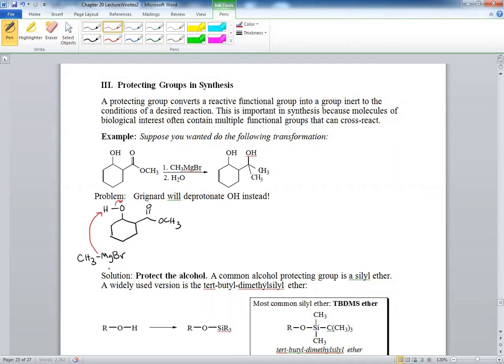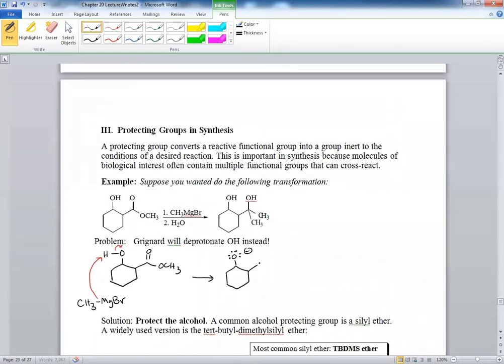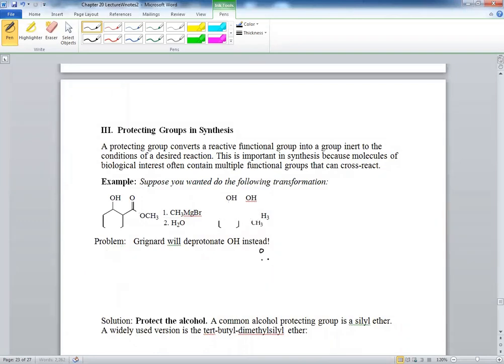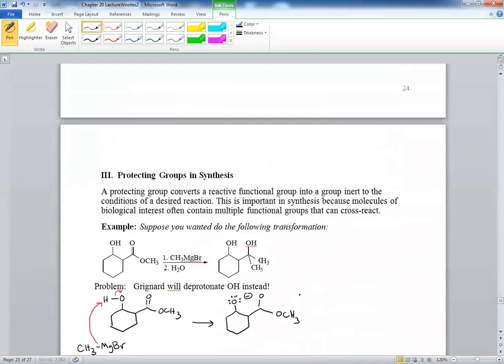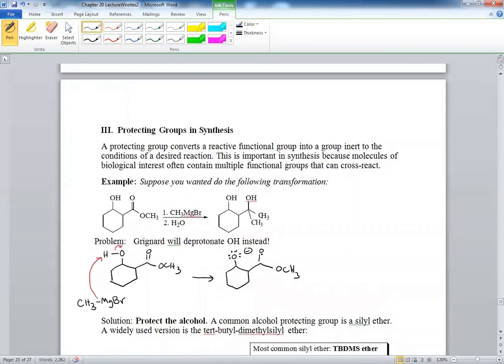It's going to deprotonate the OH instead. So you will end up with the deprotonated alcohol, oxygen, and the ester group is left alone. Now, that's not the desired product. You can compare them and see that these are not the same.